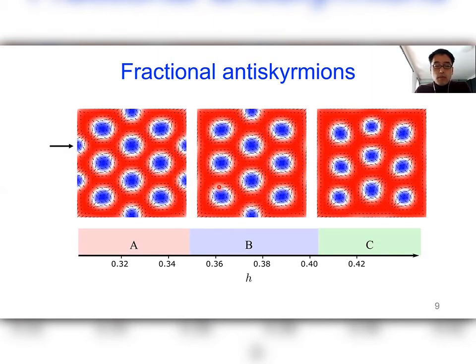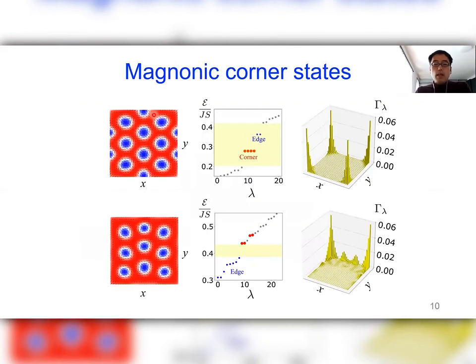And further decreasing the field, we see they become more and more stable and appear along all edges of the sample. The important point is that these fractional antiskyrmions play an important role in stabilizing magnonic corner states. Here I compare two different samples and their magnon spectra.